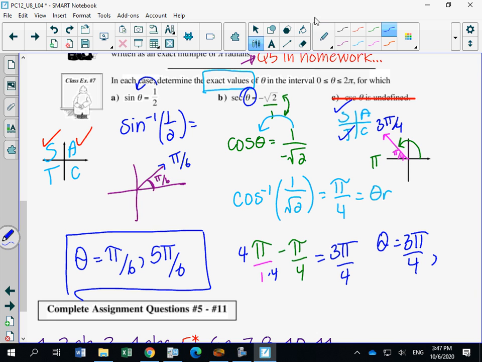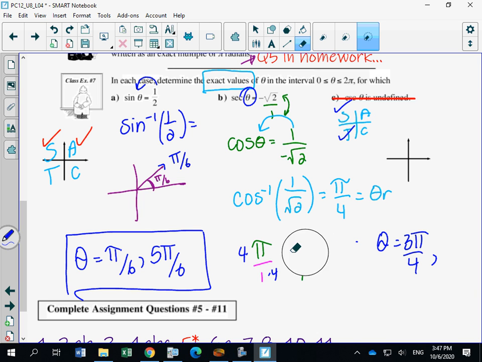Let's find our second answer, which is in quadrant 3. I'm just going to have a clean Cartesian plane, and I'm going to erase this work, and in quadrant 3, let's put our terminal arm that has a reference angle of pi over 4.